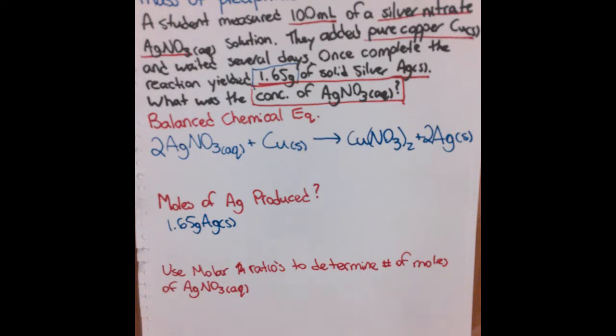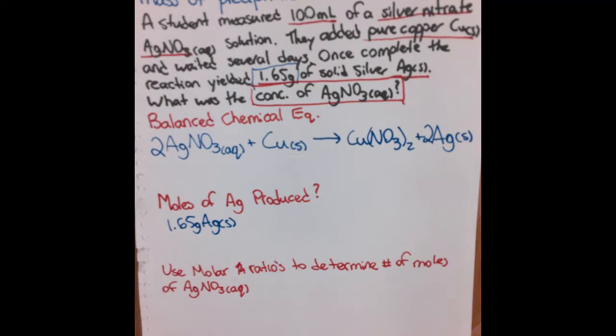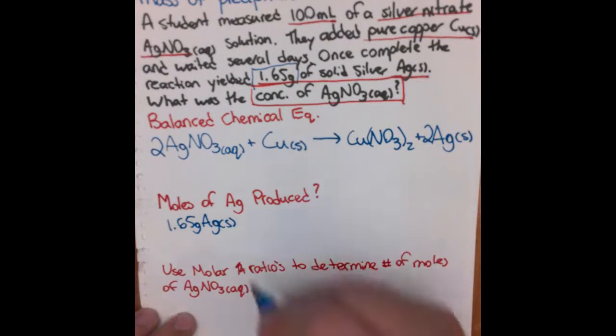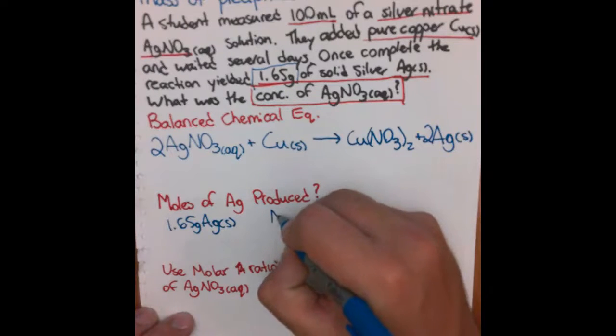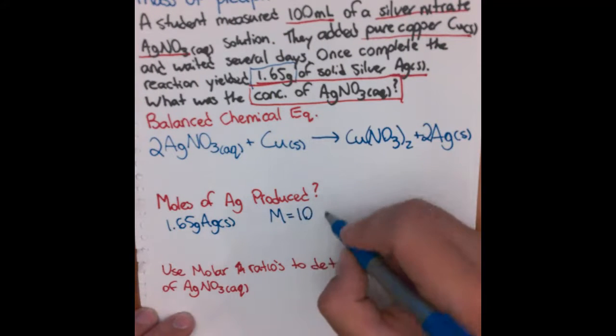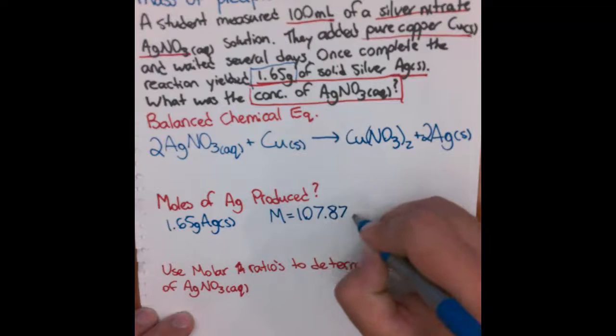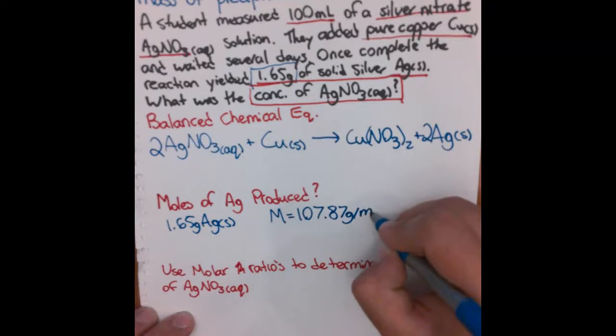If you look on the periodic table, you'll be able to find the molar mass of silver just under its atomic mass. Our big M, our molar mass, equals 107.87 grams per mole.